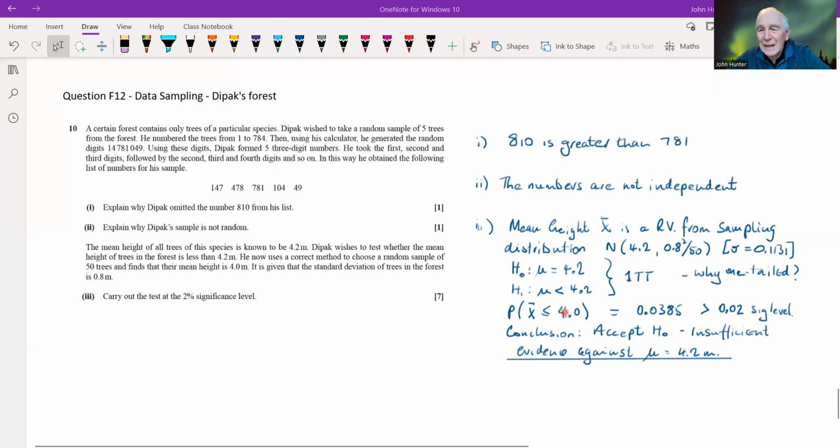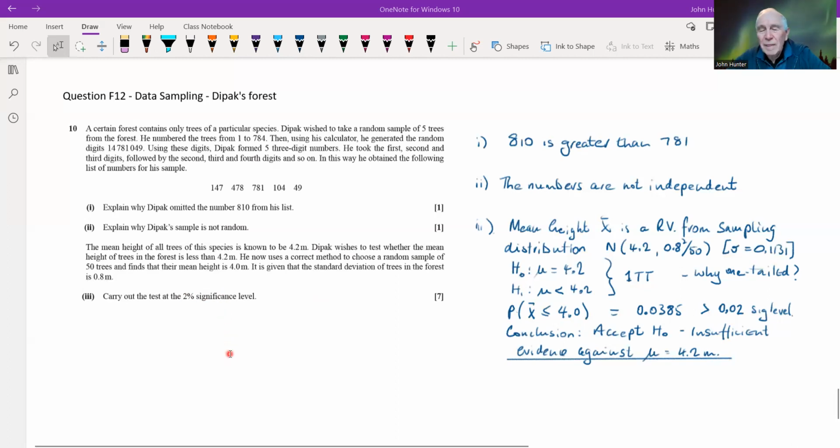So how likely is it that we've got a result as extreme as 4.0 is the question we're asking ourselves, and that has a probability of 0.0385. Now that is greater than our significance level of 2%, as prescribed by the question.